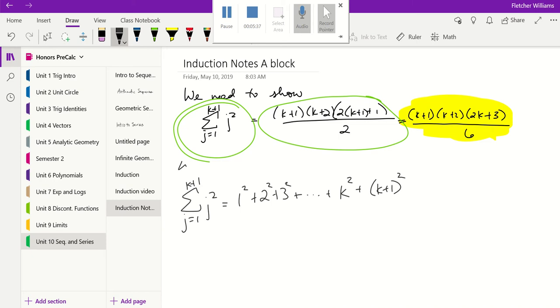Okay, and then you see that here, that piece is actually the sum from 1 to k of j squared. The first k terms are that sum, which we already assumed.